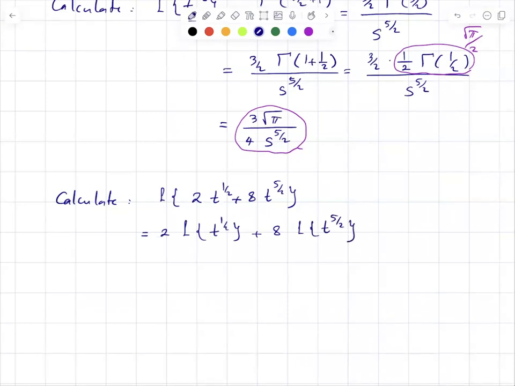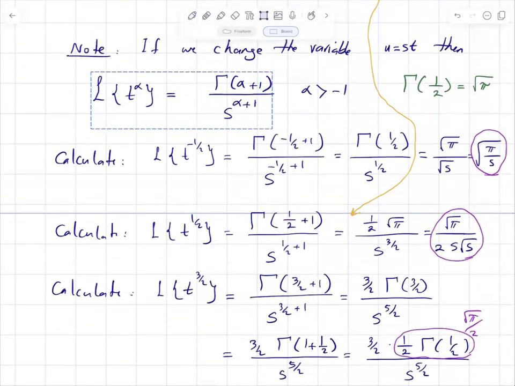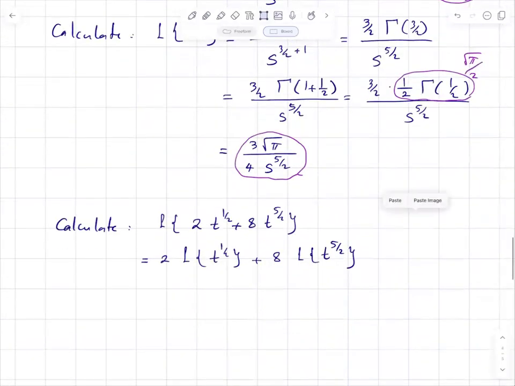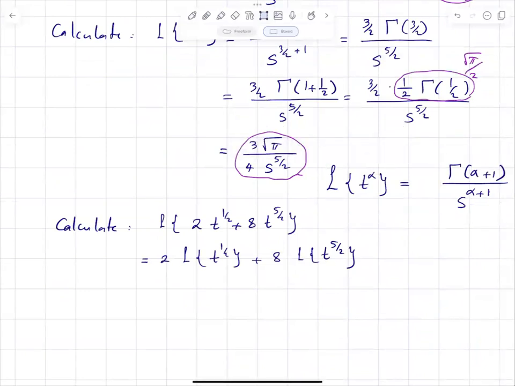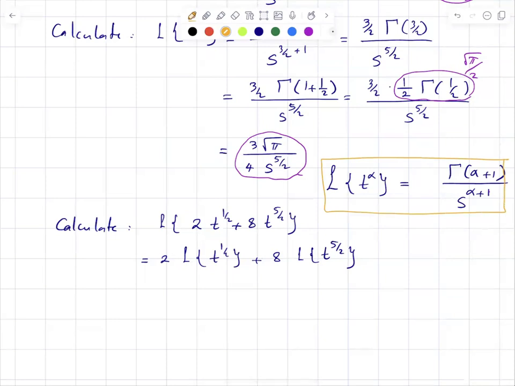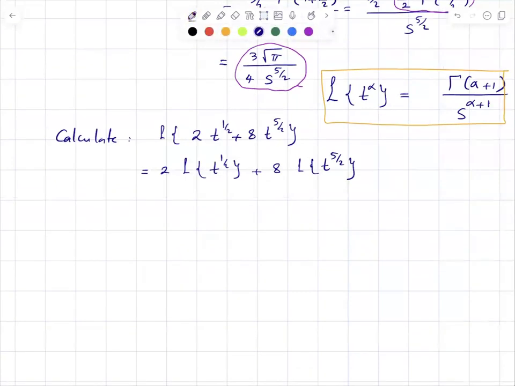And continue this process using the formula that we just introduced. So I'm going to just copy down the formula for you here. So you can use this as your reference. And let me put that in a nice box. So let's continue the process, everybody.